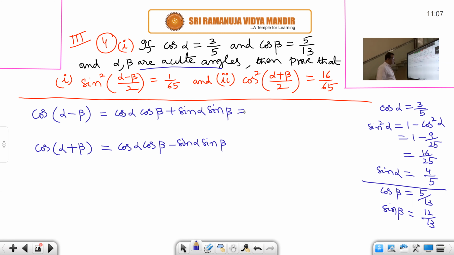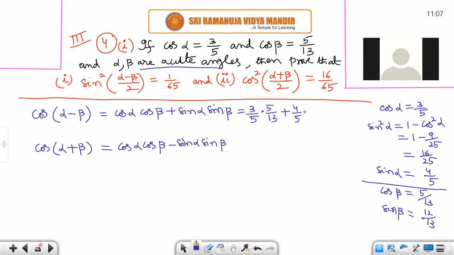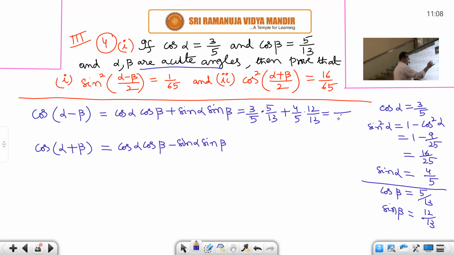Come on, in the first formula, what is cos alpha? Given in the problem, 3 by 5. Cos beta also given in the problem, 5 by 13. Next, plus sin alpha, we have calculated 4 by 5, into sin beta, we have calculated 12 by 13. So denominator 65, 5 into 13, 65 LCM. Numerator 15 plus 48. How much? 63, sir.